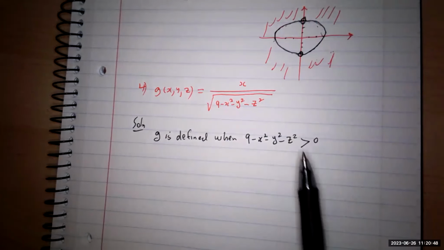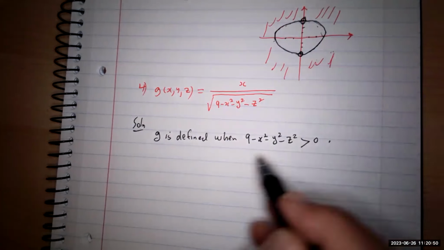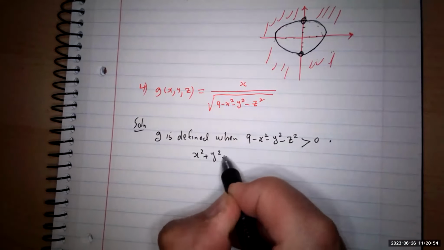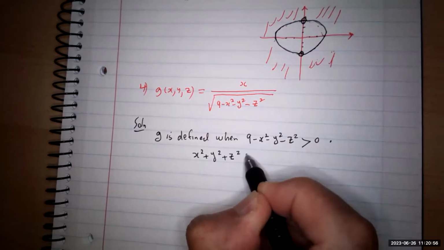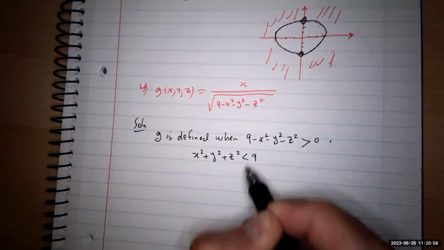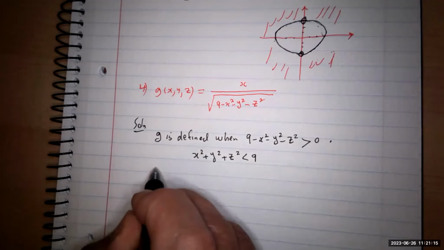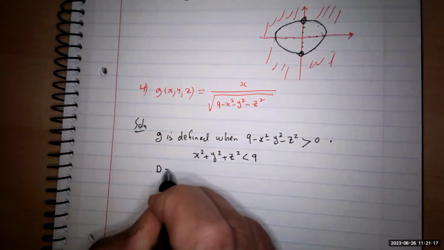And we usually move the 9 to the other side, so we get x squared plus y squared plus z squared less than 9. It's a popular domain. You know that x squared plus y squared plus z squared equal to 9 is a sphere, but it's less than 9, so the points are inside of the sphere. It's a very popular domain for the future as a collection of points.